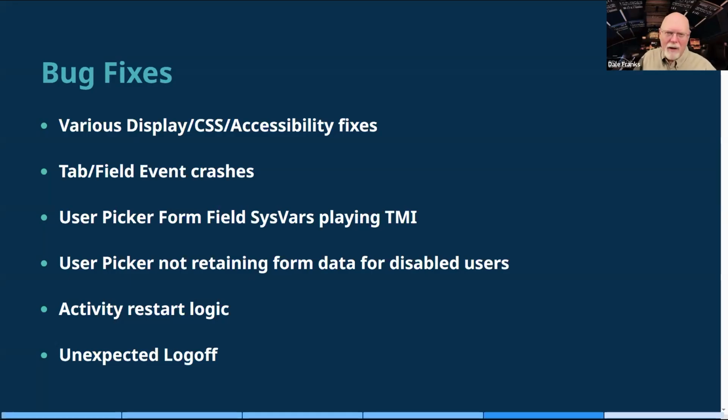But these activities showed up as having been restarted when in fact those activities had run and had stopped and had never been restarted. So it was just a case of keeping track properly of what the activity had done and was doing.